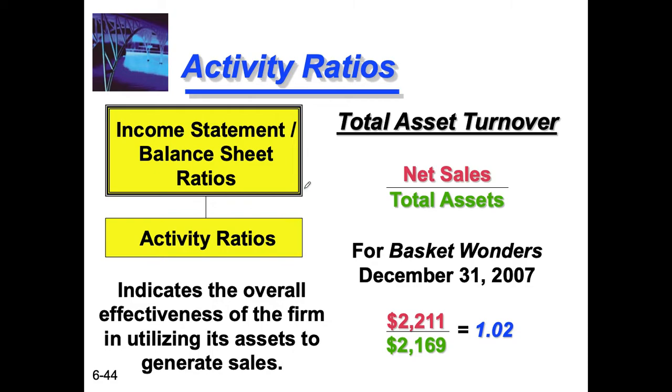It's still related to activity ratio, total asset turnover. The formula is net sales per total assets. It indicates the overall effectiveness of the firm in utilizing its assets to generate sales.